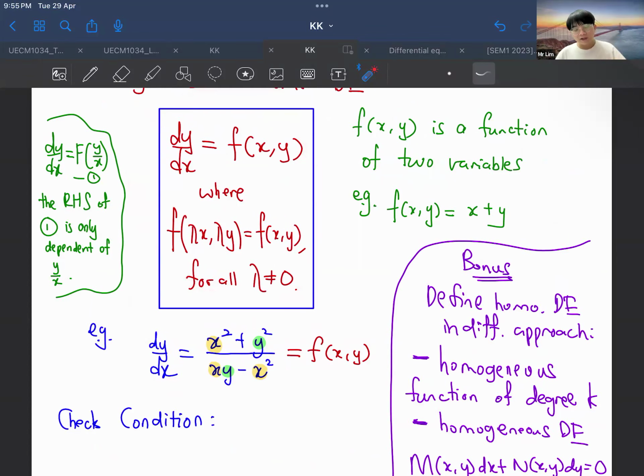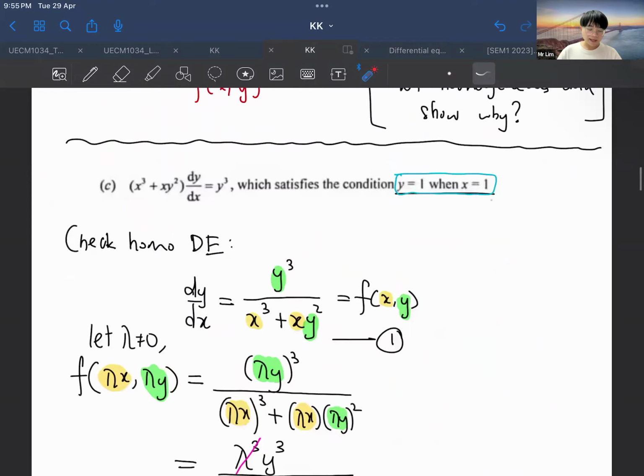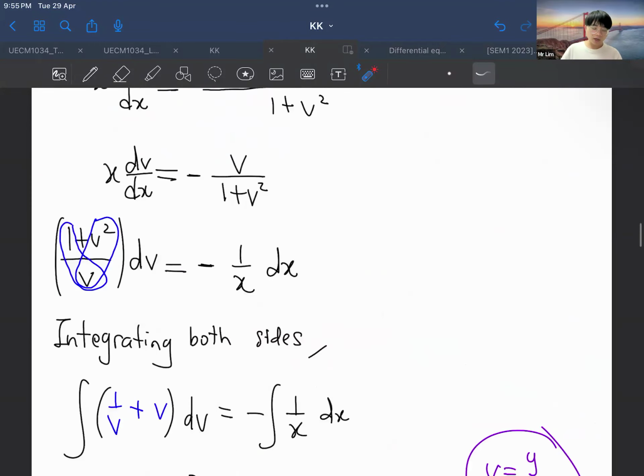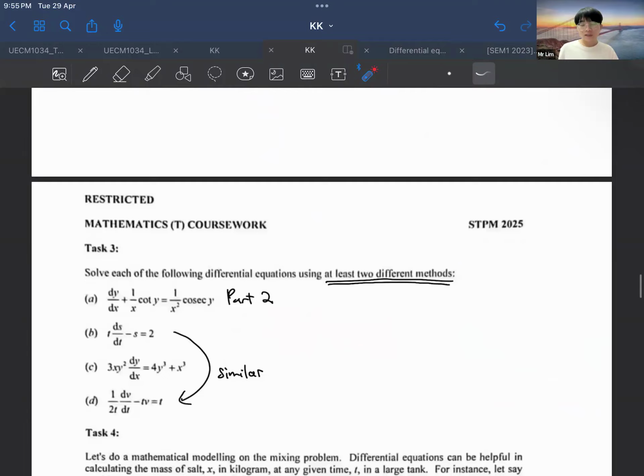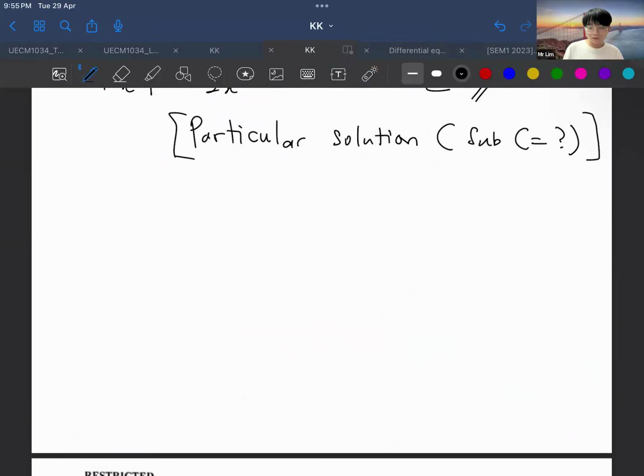Finally, I said that I can suggest 2 books for your references. I think they are quite good. The first one is by Denise G. Zill. It's about differential equations, so search differential equation, or just type ODE.